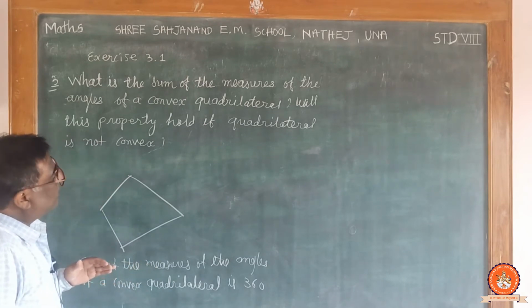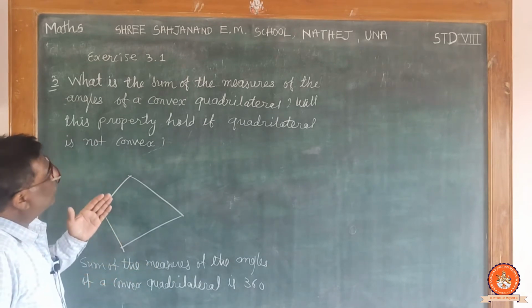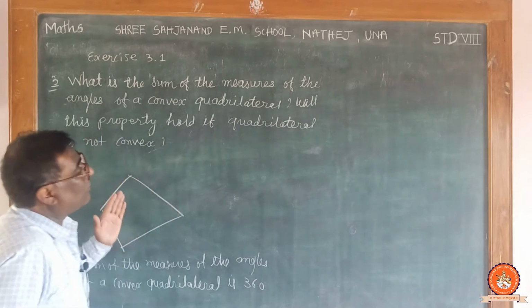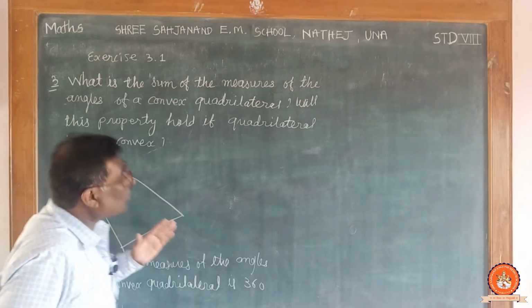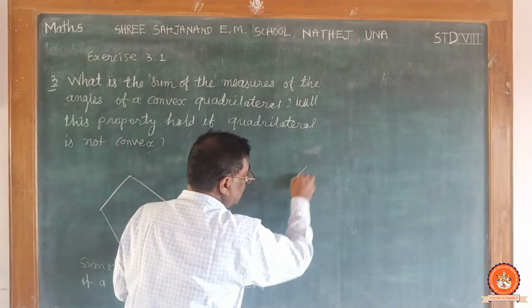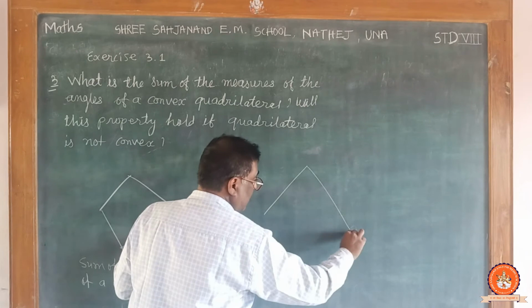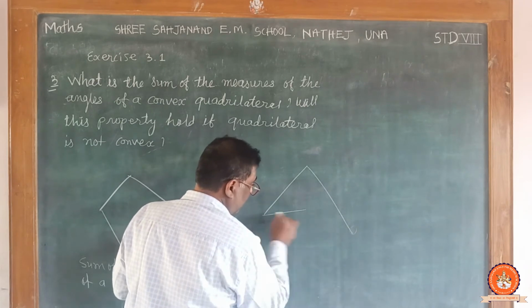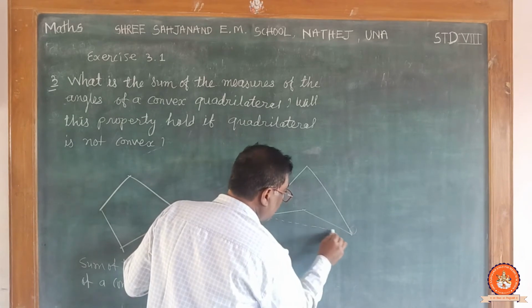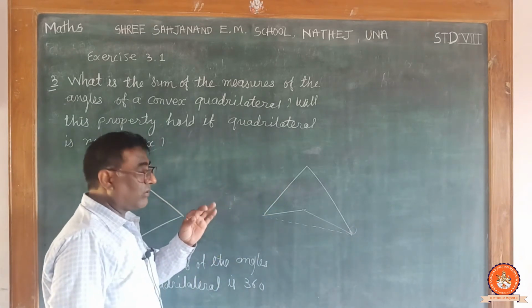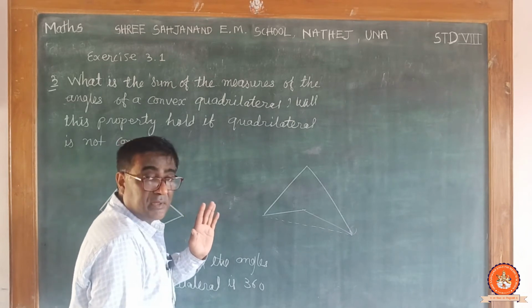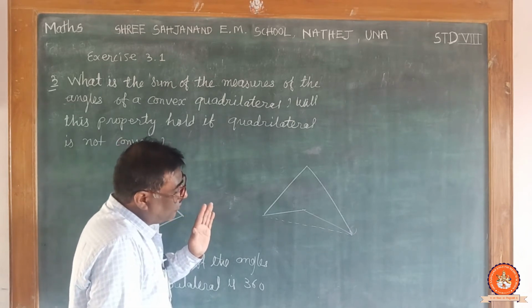Now we have to verify whether this property holds when the quadrilateral is non-convex. See, look at it. This one is a non-convex quadrilateral. Some part of one diagonal is not completely inside the quadrilateral.